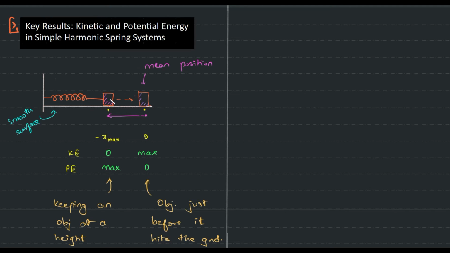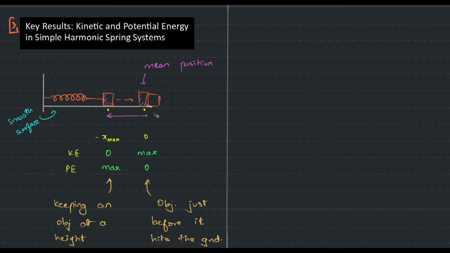Ideally, if this happens to be a smooth surface, and this is the mean position, if I happen to compress it and leave it, it'll go forward and come back. Go forward and come back. It will never stop. When it goes to the maximum point, it will have the highest potential energy.